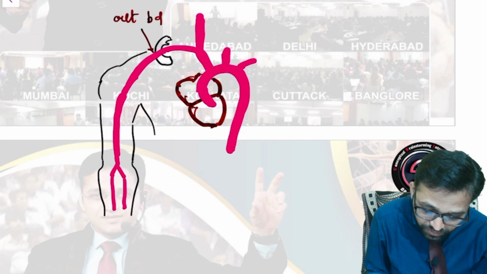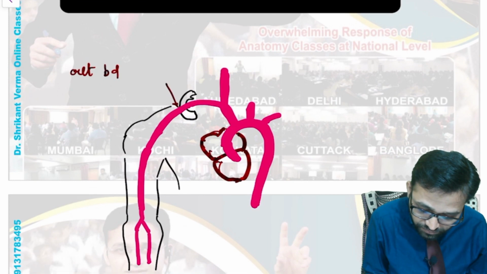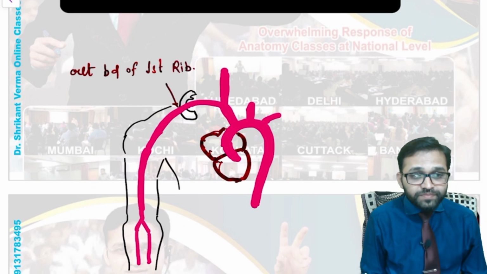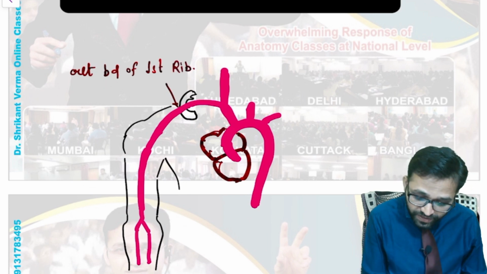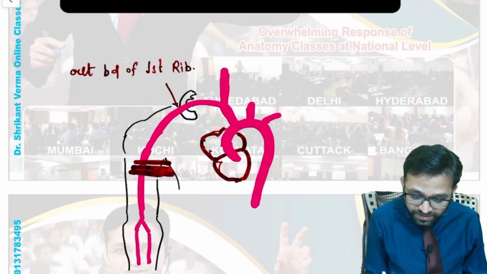So what I told you, see here, this was the outer border of the first rib. And we have seen one muscle at the axilla, the teres major muscle.